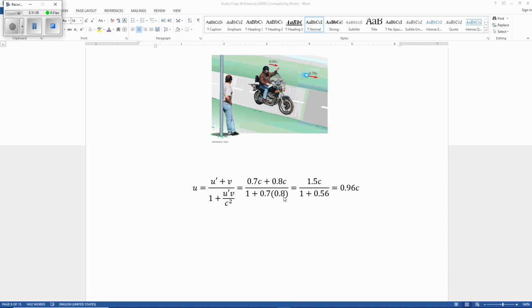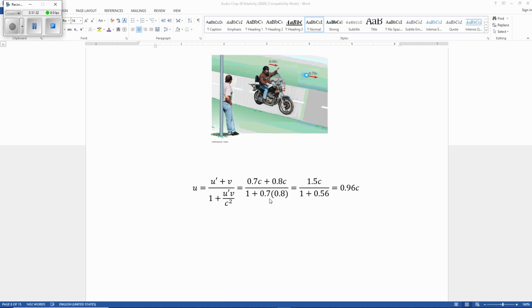The c squared cancels. So now again we have a simple calculation. That's 0.7c plus 0.8c, which is 1.5c. Now the bottom: 0.7 times 0.8 gives you 0.56, right?